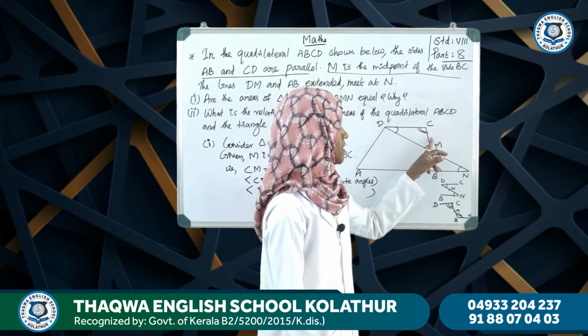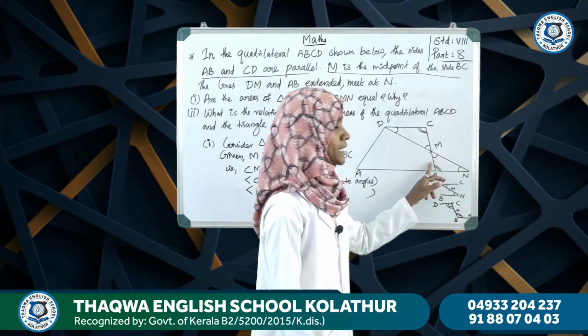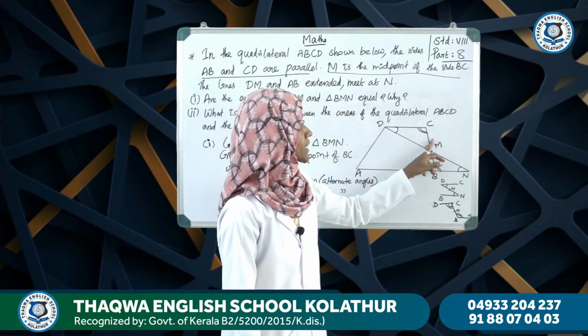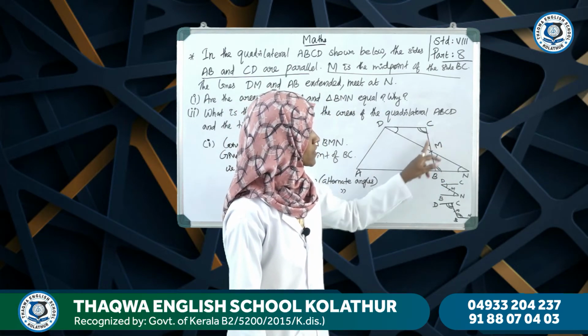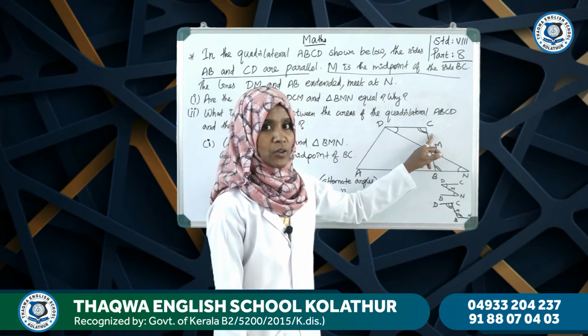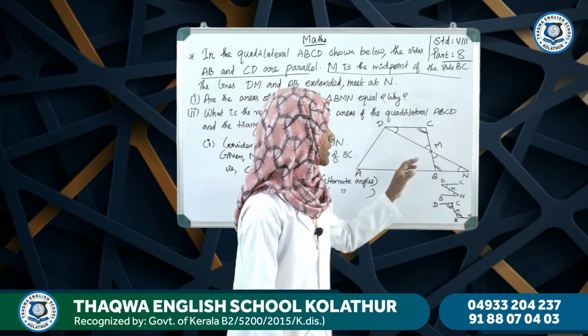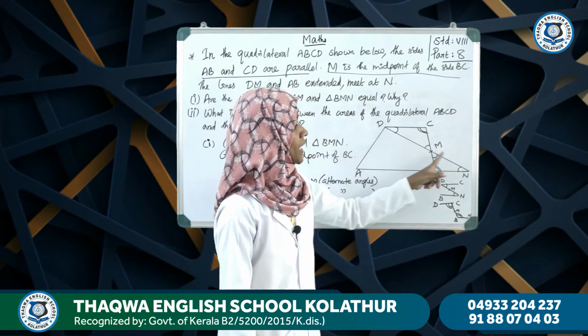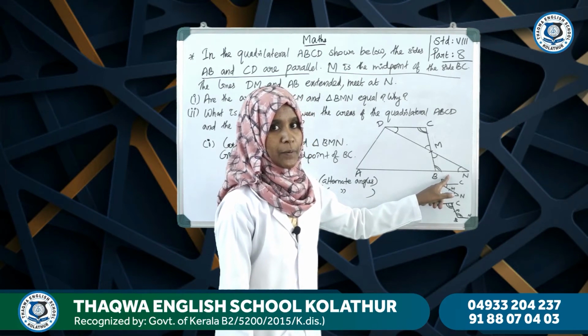Now listen, the sides CM and BM are equal. The angles at the ends of these two sides are also equal. Using our result, we can say that the other two sides are equal.